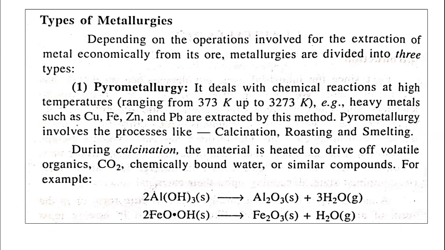So in pyrometallurgy, we have to perform chemical reactions on the ore at high temperature. That ore is subjected to some chemical reactions at high temperature. Pyrometallurgy involves processes like calcination, roasting and smelting.